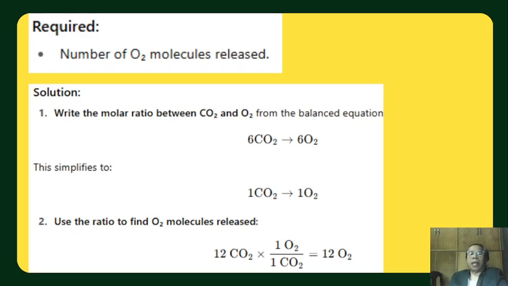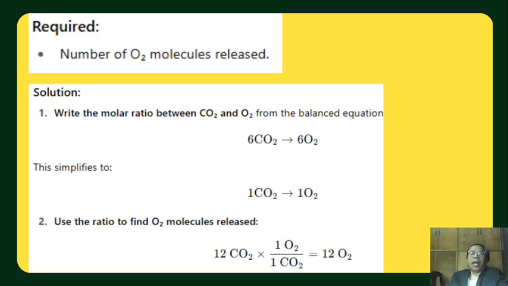The mole ratio is 6 to 6, and this simplifies to 1 carbon dioxide to 1 oxygen by dividing by 6. So 1 mole of carbon dioxide is capable of producing 1 mole of oxygen.